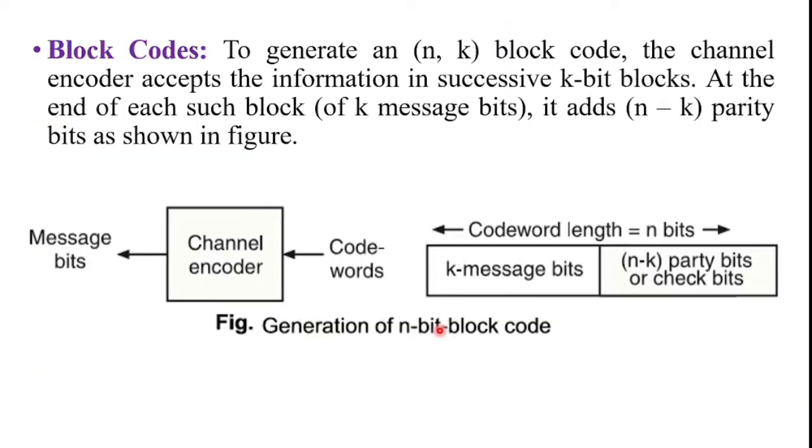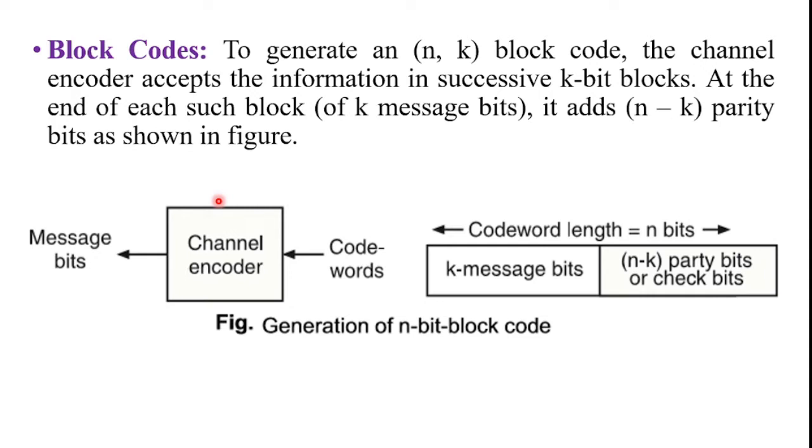This is the general structure of the n-bit block code, and this is the channel encoder. The input of the channel encoder is message bits and the output of the channel encoder is code word. In this block code, it consists of k message bits and n minus k parity bits.